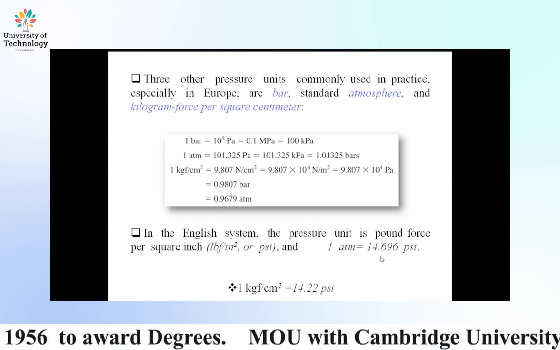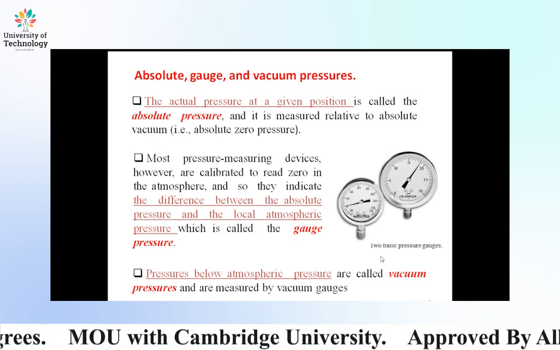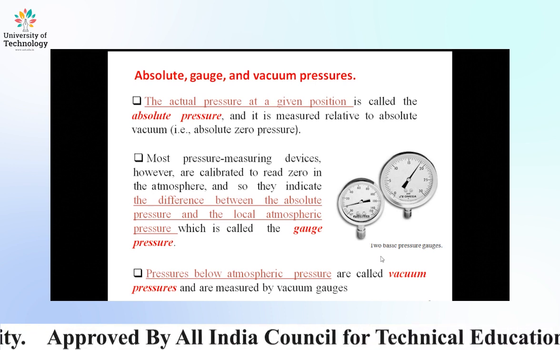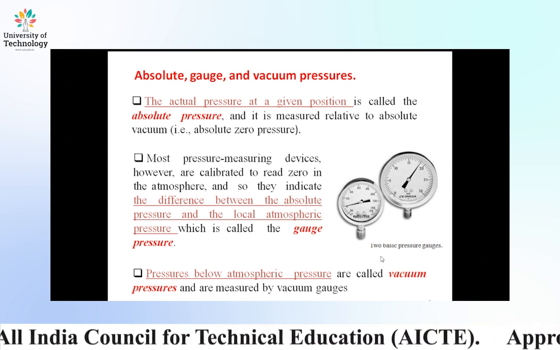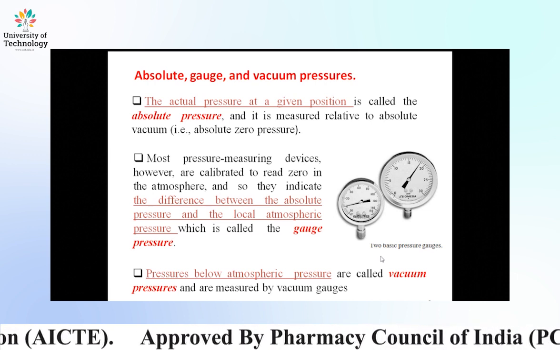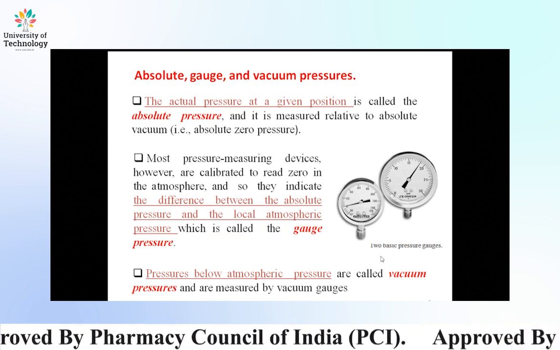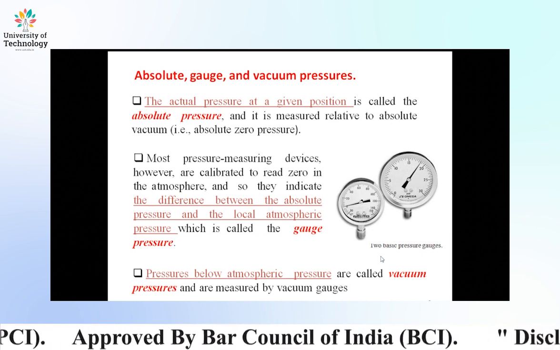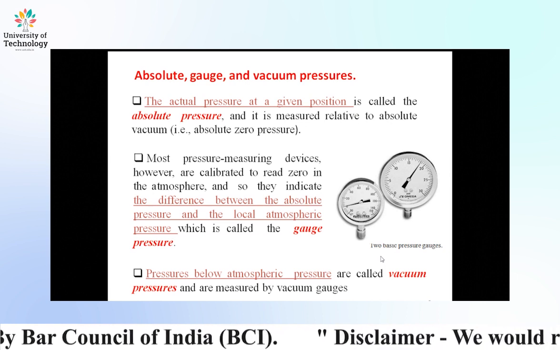Then types of pressure: absolute pressure, gauge pressure, and vacuum pressure. The actual pressure at a given position is called absolute pressure. Always remember, absolute pressure is measured with respect to the absolute vacuum, that is absolute zero pressure.